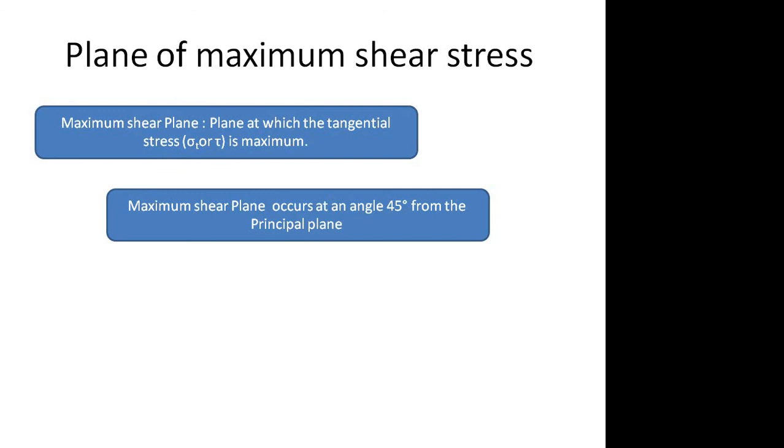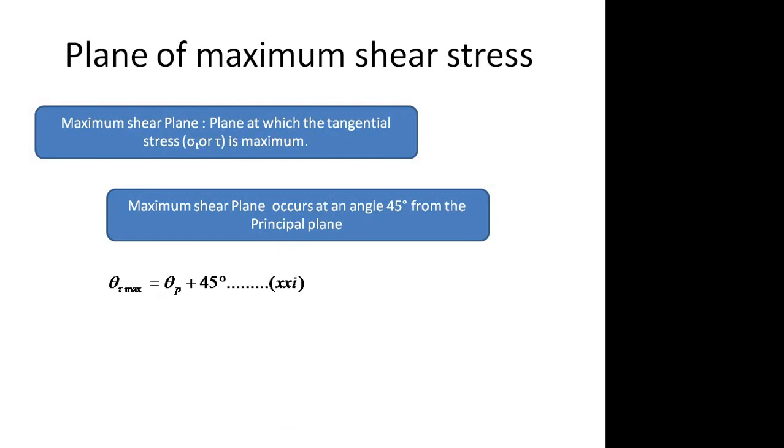The maximum shear plane occurs at an angle of 45 degrees from the principal plane. Remember this. This is again a relation which is going to be very useful. For finding the shear plane, you have to find the principal plane and just add 45 degrees. Always the shear plane acts at 45 degrees from the principal plane.